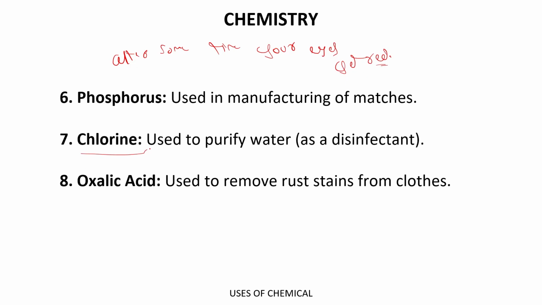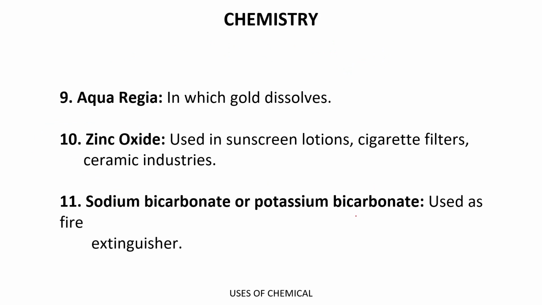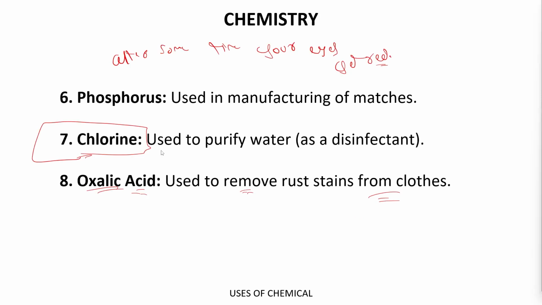This is happening because of the chlorine. All right. Thereafter, we have oxalic acid. Basically, it is used to remove rust stains from clothes.